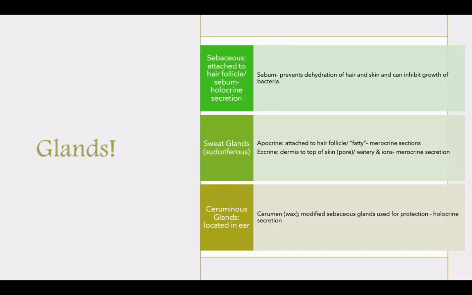They secrete sweat, which is really watery and composed of different ions, lactic acid, uric acid, amino acids, glucose, all these different things. We just need to know water and ions. How it's actually secreting is through merocrine secretion.